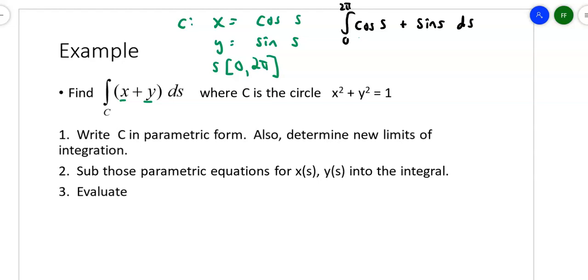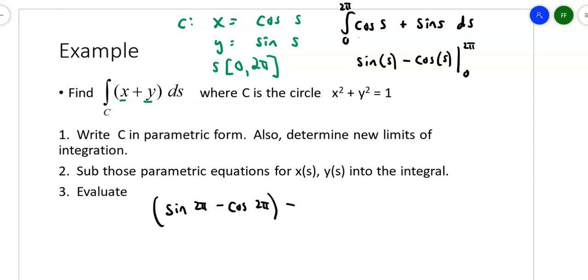All right, so the antiderivative of cosine is sine, and the antiderivative of sine is negative cosine. And we're now going to evaluate this at 2 pi and at 0. So I'll come down here, I'll get the sine of 2 pi minus the cosine of 2 pi, right?